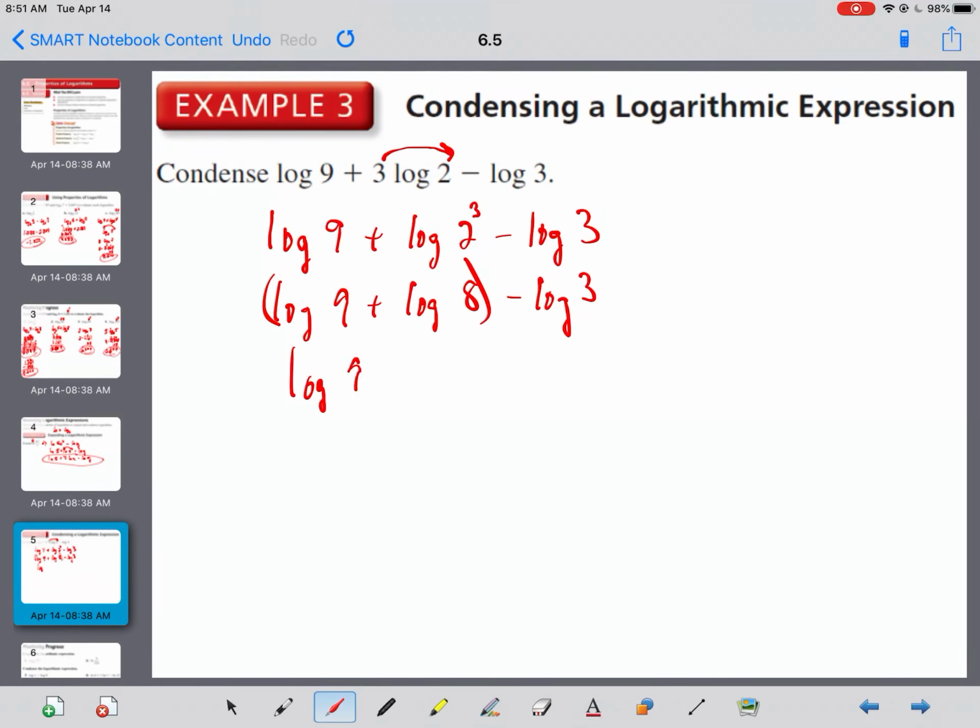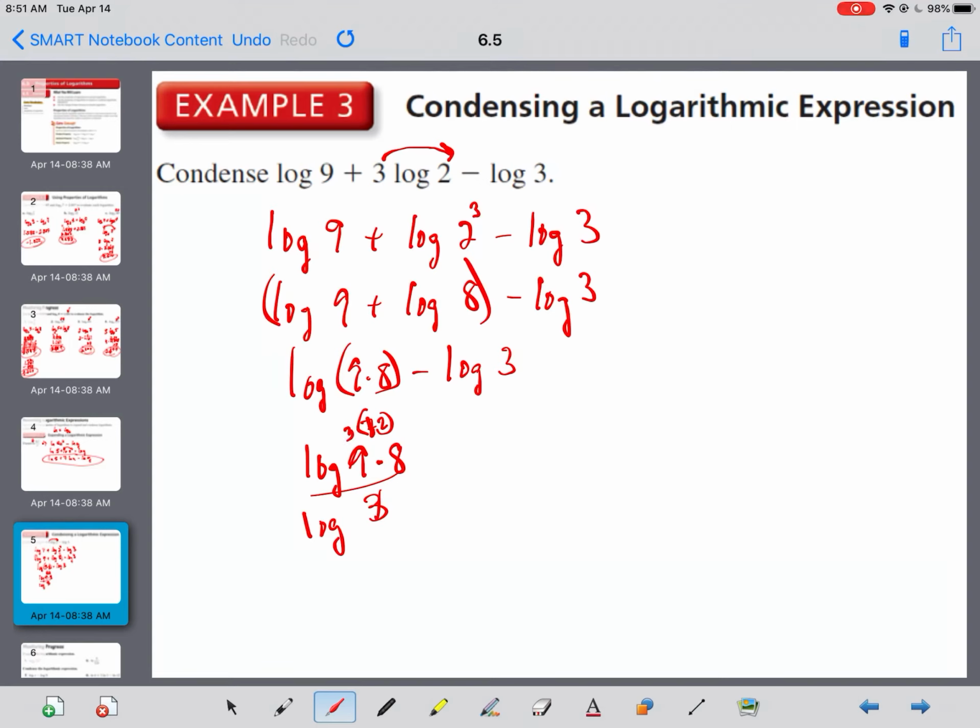Now we can do the add part first, so we can say log of 9 times 8 minus log of 3. And then we can pull that and go log of 9 times 8, or 72 if you want to call it that, divided by 3.